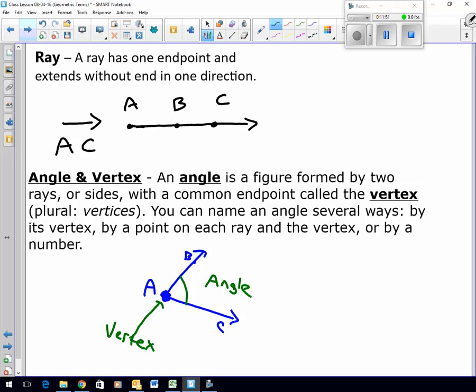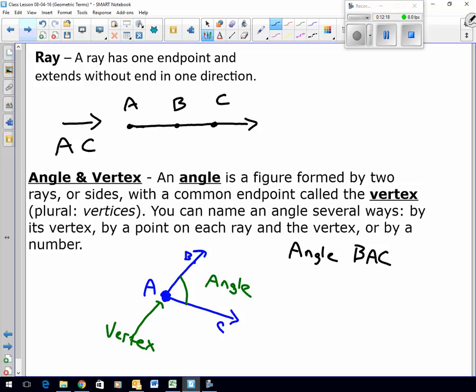I can call this angle BAC. Start at the top, go to the vertex, go beyond. I can call it BAC.